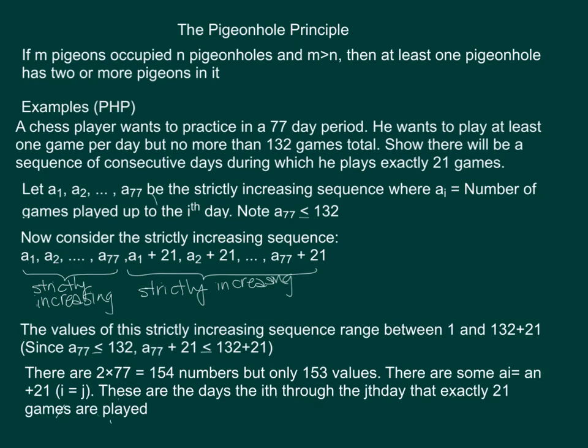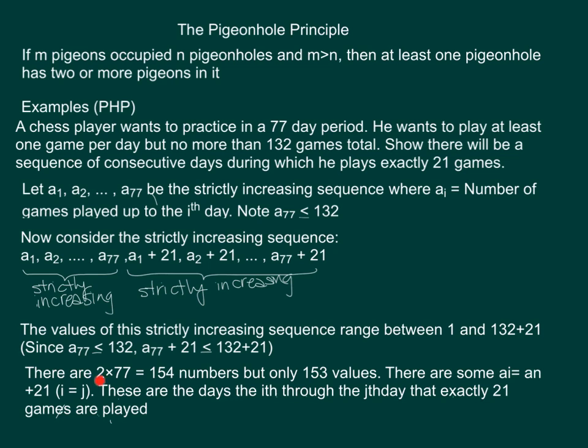You will notice the values range between 1 on the first day and 132 plus 21, because remember, he's going to play no more than 132 games, and that's the maximum plus the 21.